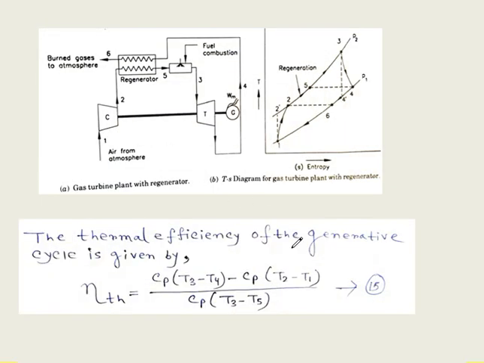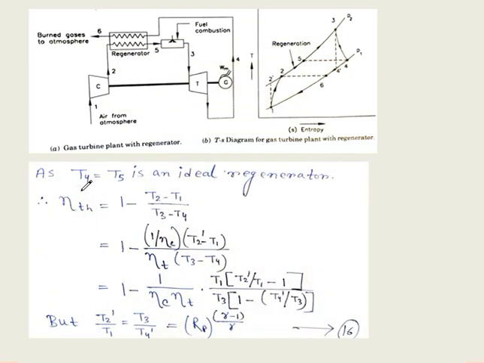The thermal efficiency of the regenerative cycle is given by eta suffix th is equal to Cp into (T3 minus T4) minus Cp (T2 minus T1). This is equation number 15. As T4 equal to T5, that is an ideal regenerator, the cycle efficiency is equal to 1 minus (T2 minus T1) by (T3 minus T4).